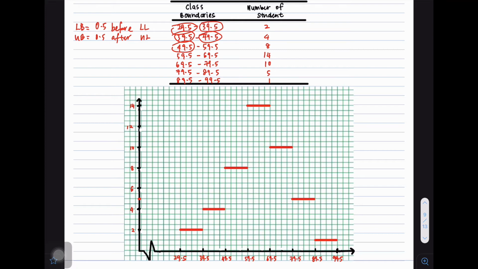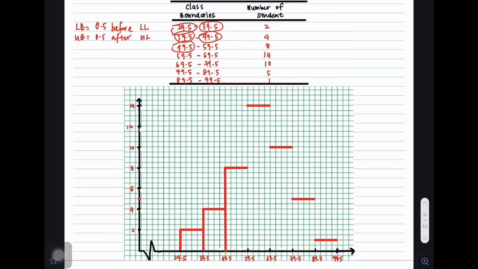Okay, so the horizontal line will represent the frequency of each class, and then we will draw the vertical line to get the bar for our histogram to connect all the class. Okay, so we'll draw the vertical line. Okay, and we will see there is no gap between bars for our histogram.